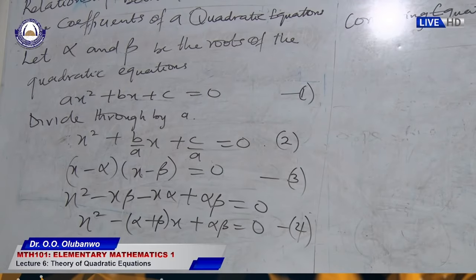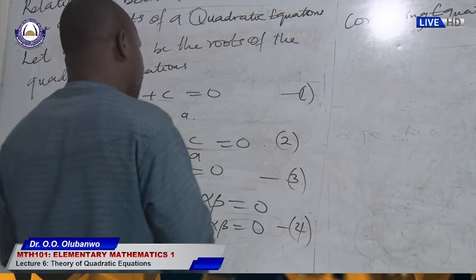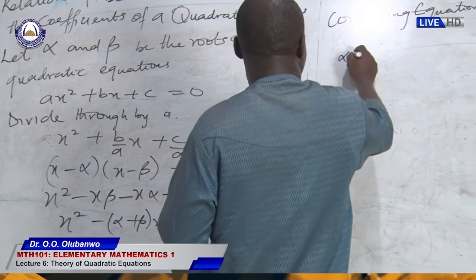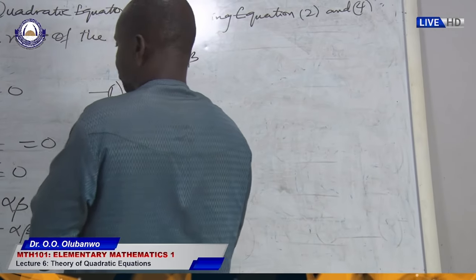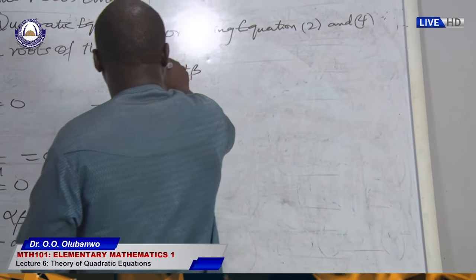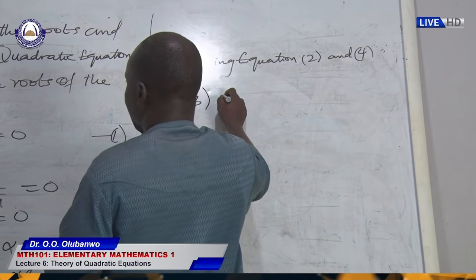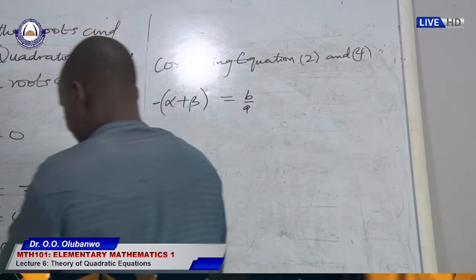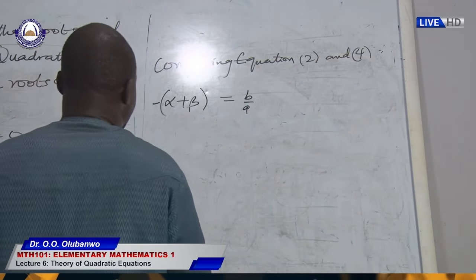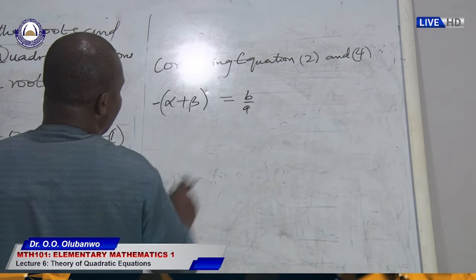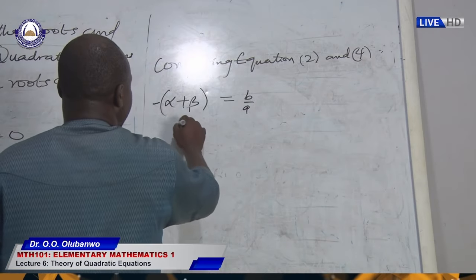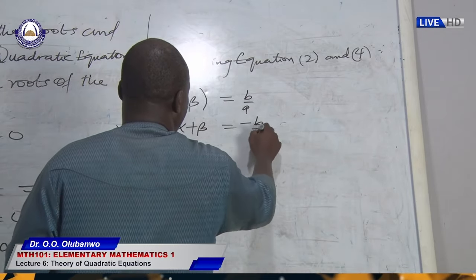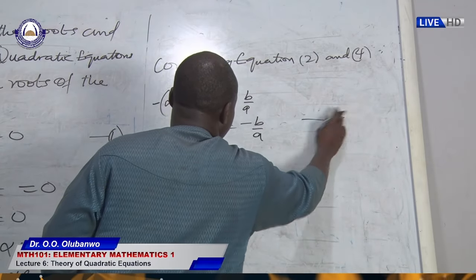Now, from here, it implies that negative alpha plus beta equals b over a. I can write it as alpha plus beta equals negative b over a. Label that equation 5.